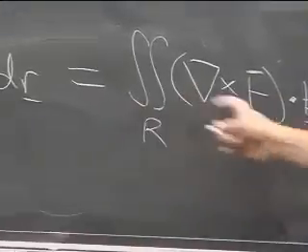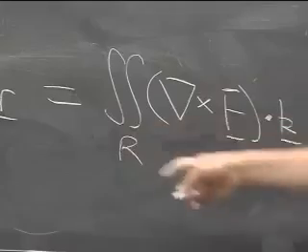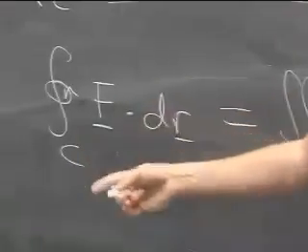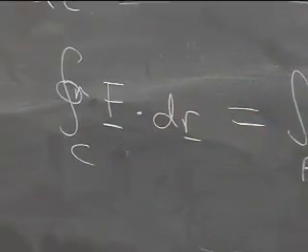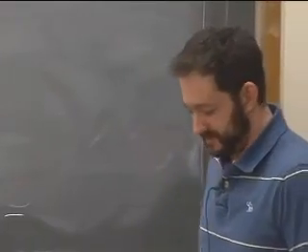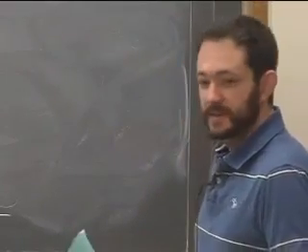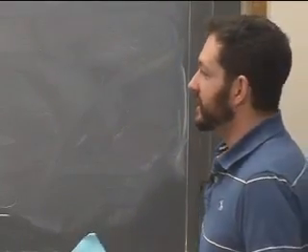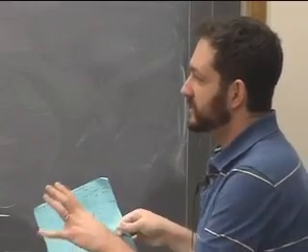Conversely, if this is not 0, then there's got to be some region where this integral is non-zero, and the boundary of that region will not be conservative, in the sense that the integral around the loop will not be 0. So that's where all that conservative stuff comes from. Again, I don't really think the book emphasizes that, but it's nice to understand. All right. Okay, so again, that's the idea.